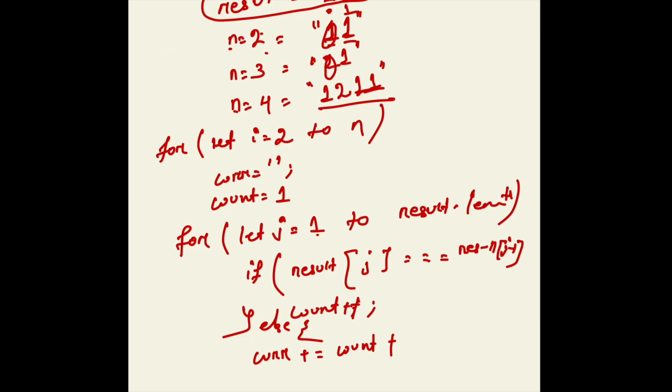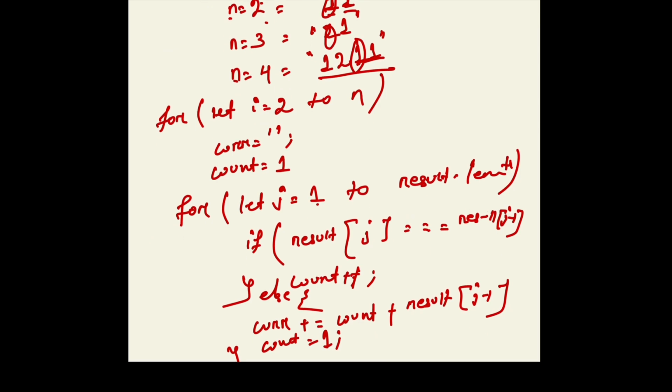If we go here, then this one, result of j minus 1. Here we will reset the count equal to 1, and now we'll store the current value equal to result value, and I will return the result.